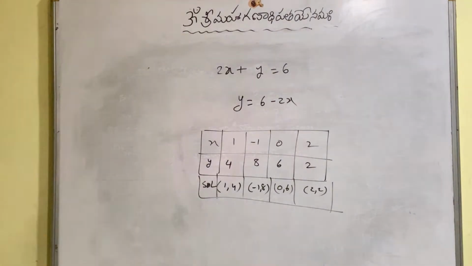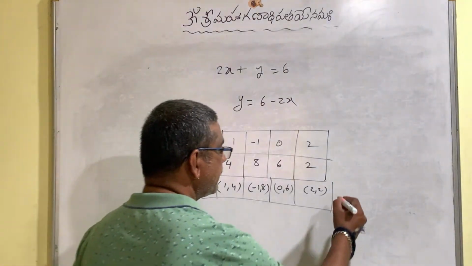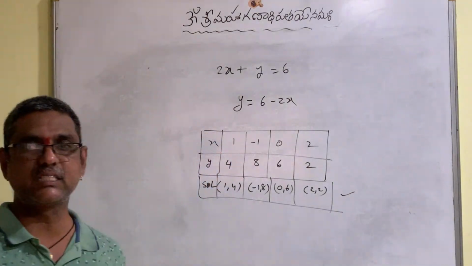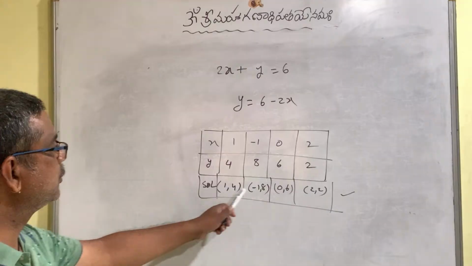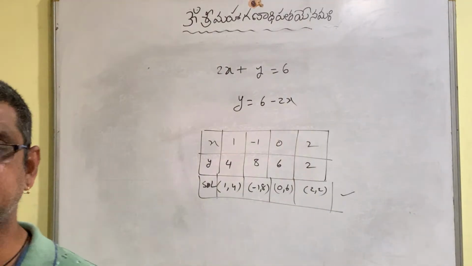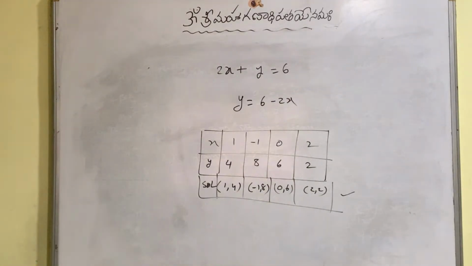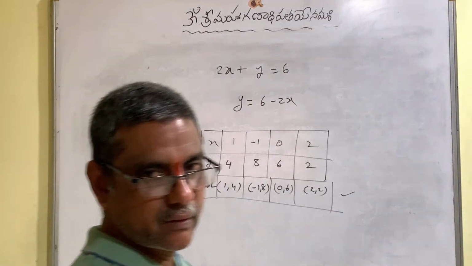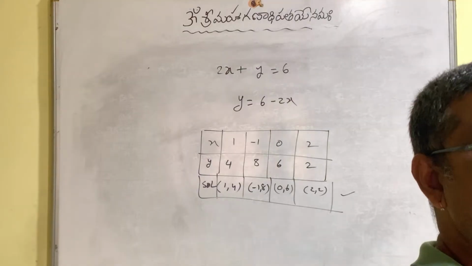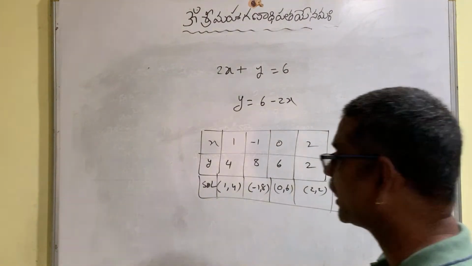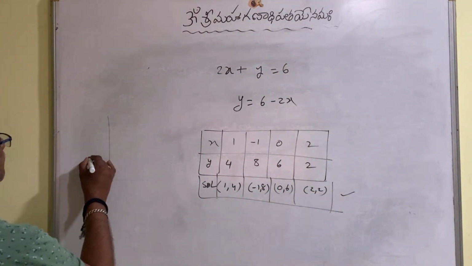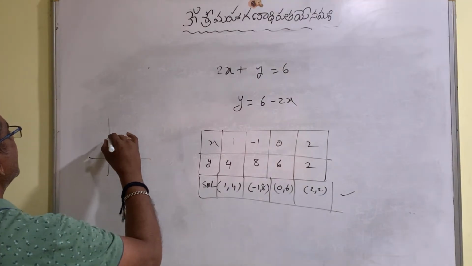Okay, children. Now, if we plot these points, here solutions are nothing but coordinates. If we plot them in the graph, in the Cartesian plane, we will get a straight line.